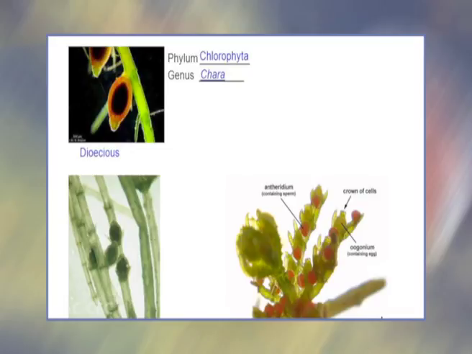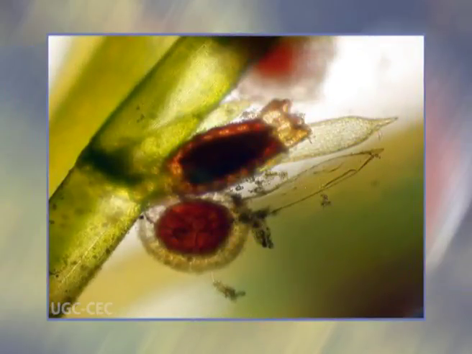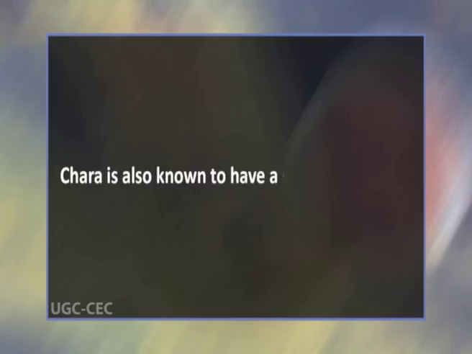Monoecious and dioecious species exist, but vegetative plants persist year-round. During times of reproduction, dark, ball-like sporangia appear seed-like along the branchlets. Chara is also known to have a strong garlic odor.